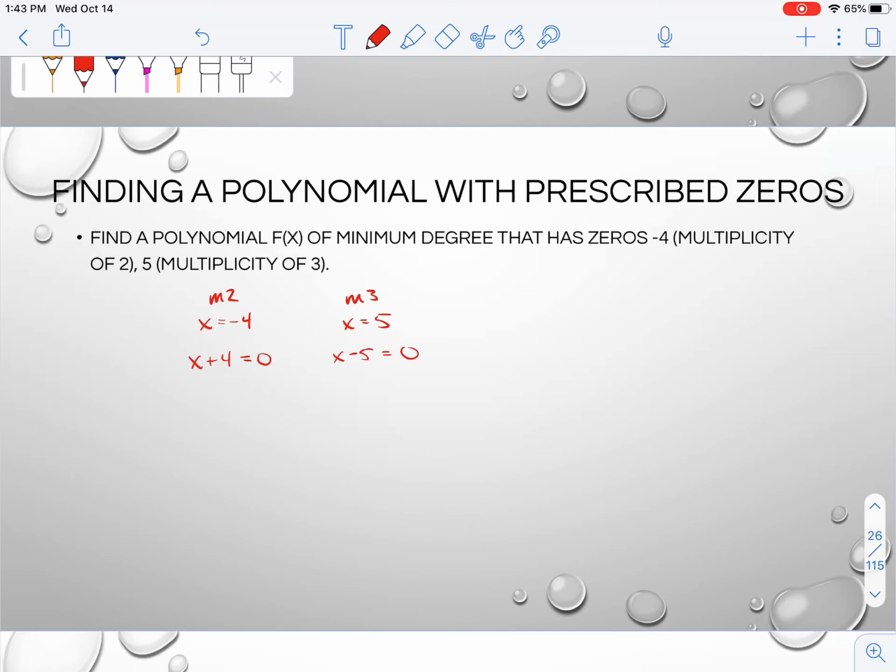When I write them then as factors, I'm going to have f of x equals x plus 4 quantity squared from the multiplicity times x minus 5 quantity cubed, again from that multiplicity. Okay, this would be a polynomial function of minimum degree that's going to satisfy those zeros and multiplicities listed above.